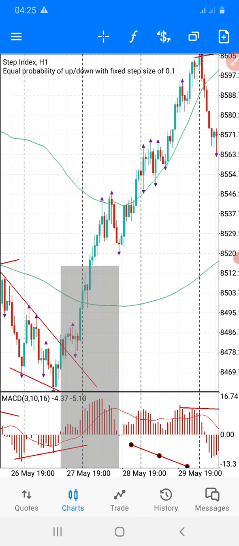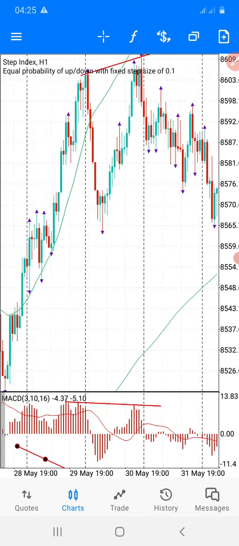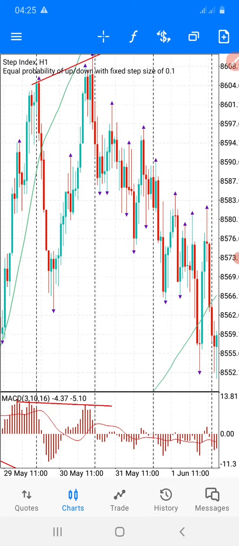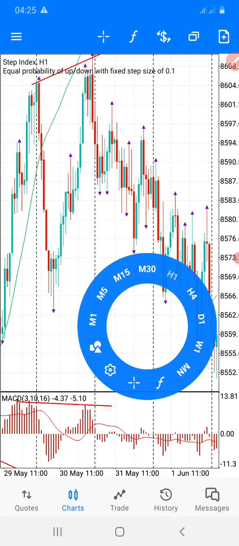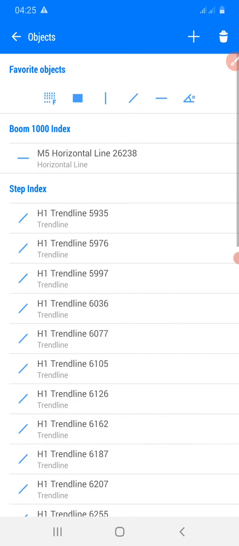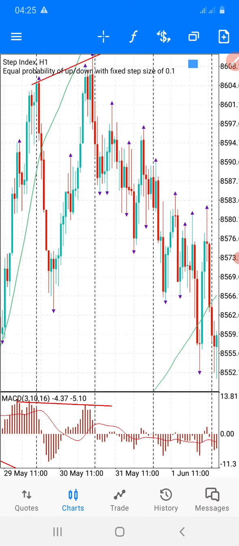You can see how beautiful this trade plays out. Here also is another typical example of what we are talking about. Here is our histogram formation, already forming below the zero line.